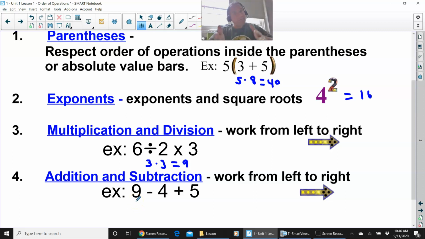You notice that I have subtraction first, but it doesn't matter. You don't do 4 plus 5. You do 9 minus 4. So 9 minus 4 is 5, and then 5 plus 5, working from left to right, would be 10. And that covers the order of operations.